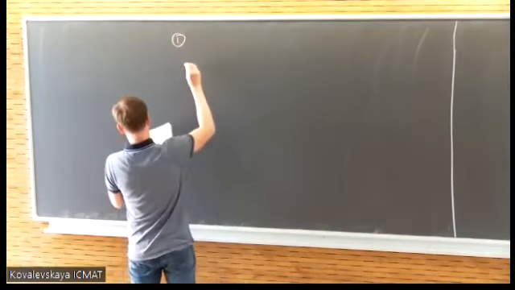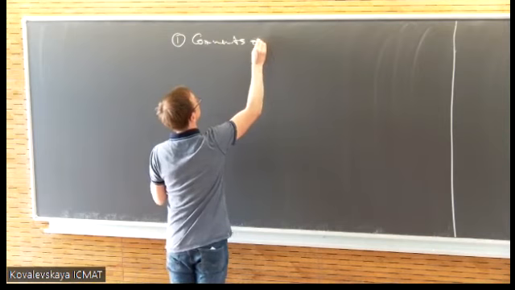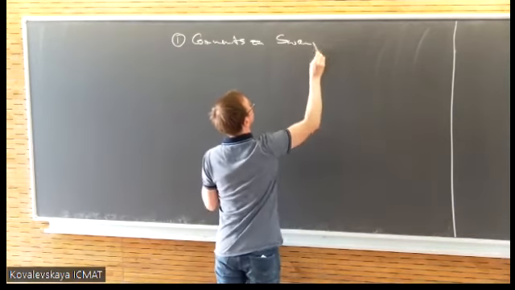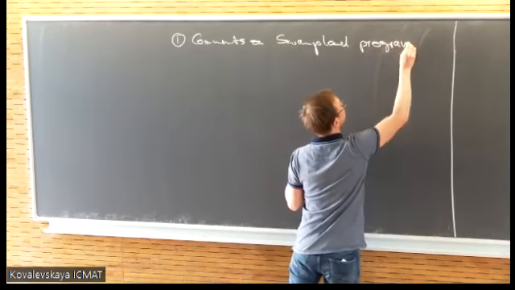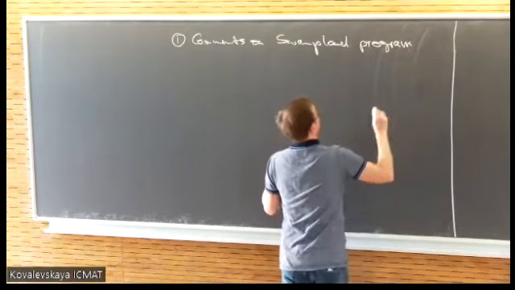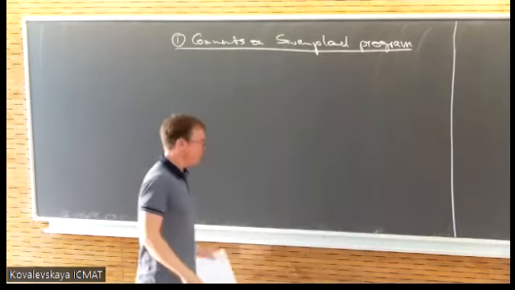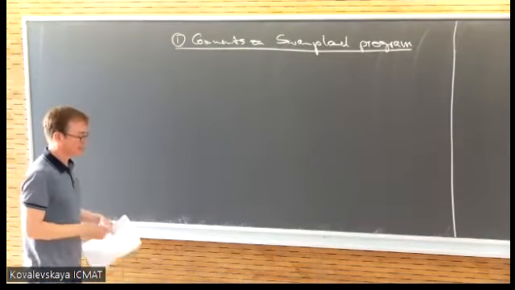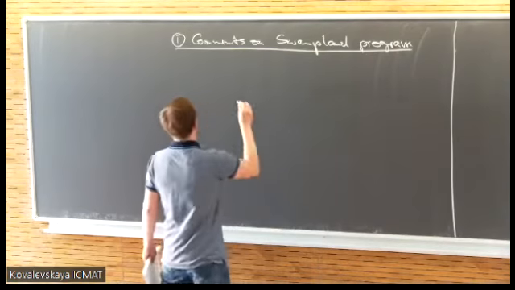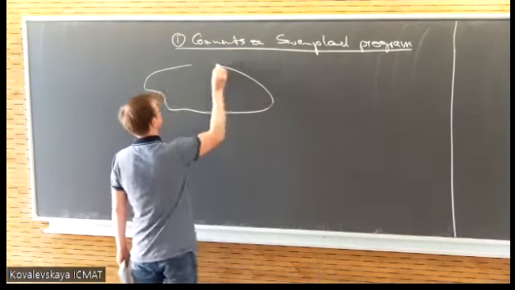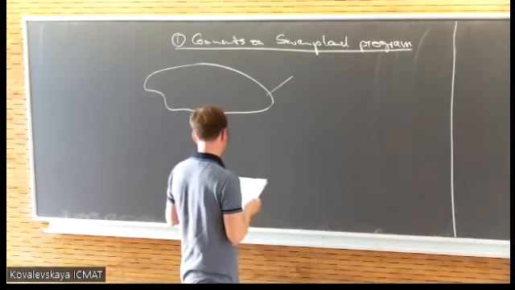I want to start with comments on the Swampland program. I think you have seen this before. So the basic approach or the basic question is the following. We as physicists know for a long time that there is a large set of quantum field theories.